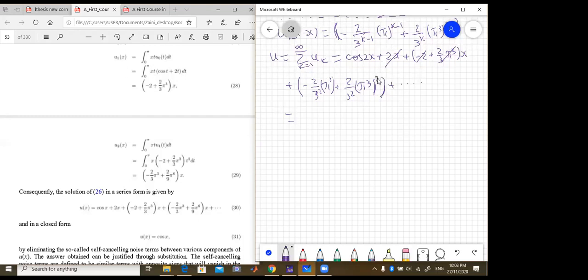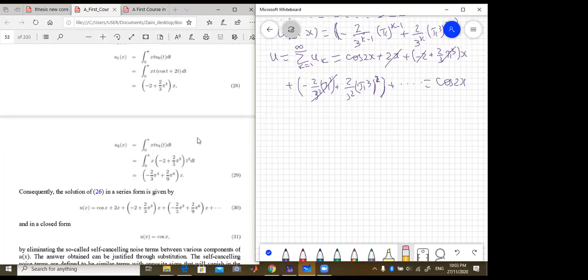So this is 2 and so on. So there, you see pi cube with a pi cube. This term will be cancelled by the next term and so on. So at the end, I can say it is equal to cos 2x. And an interesting point, we can check that this resulting function is a solution of the original equation.